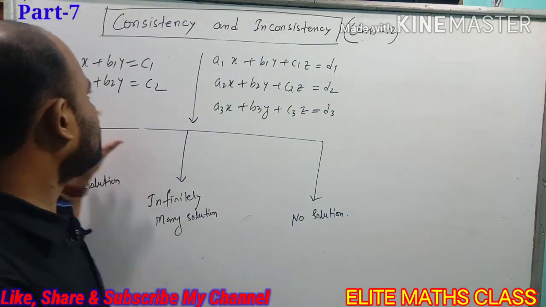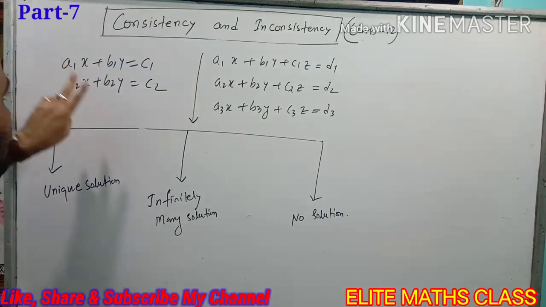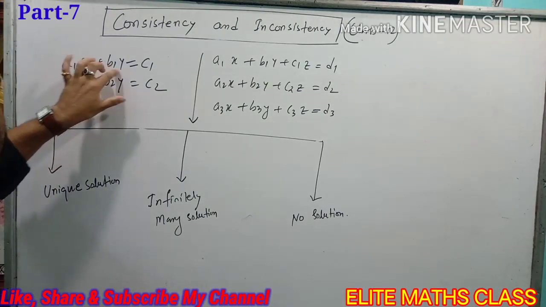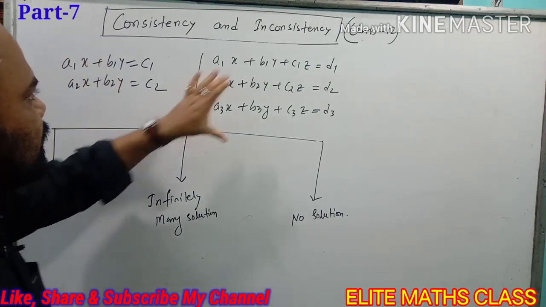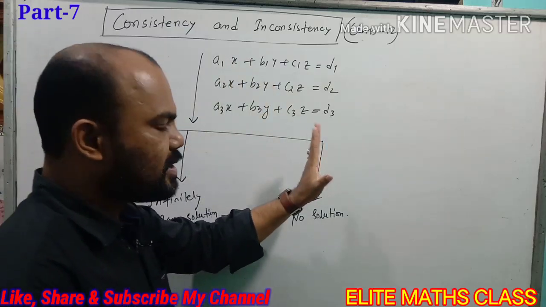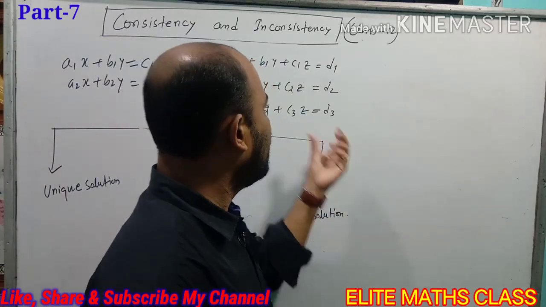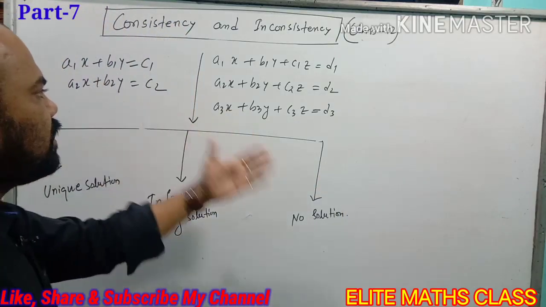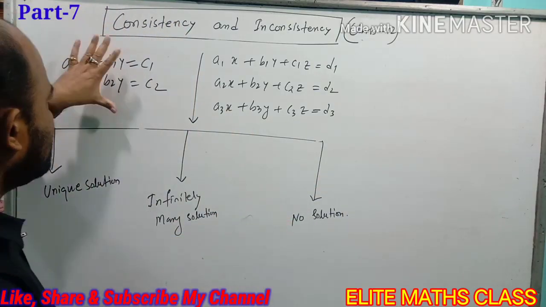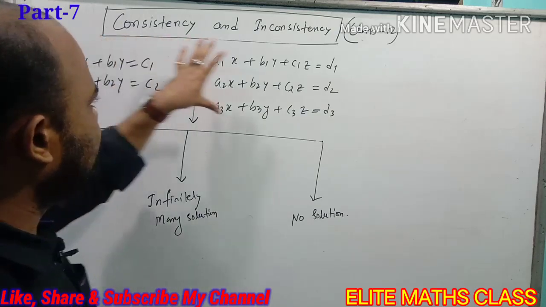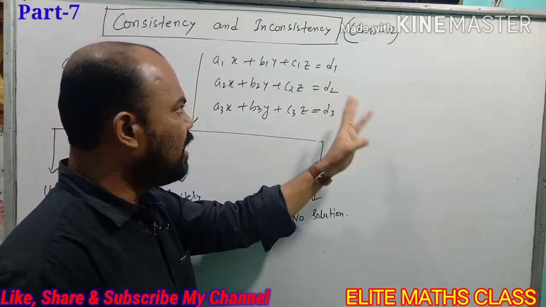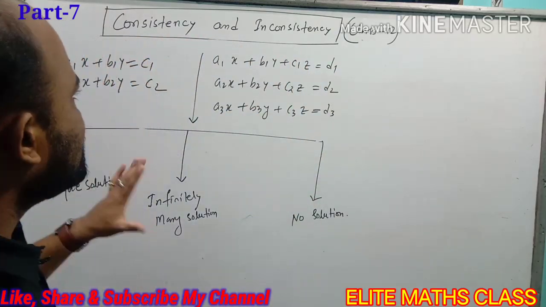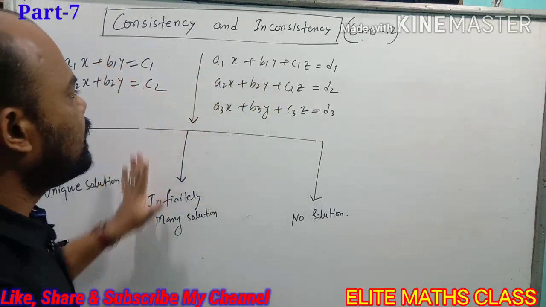Here two equations are there involving two variables, x, y. In this set three equations are there involving three variables. So this type of set of simultaneous equations is called a system of linear equations. Here it is a system of linear equations in two variables. This is a system of linear equations in three variables. Linear means all the variables are in linear power.